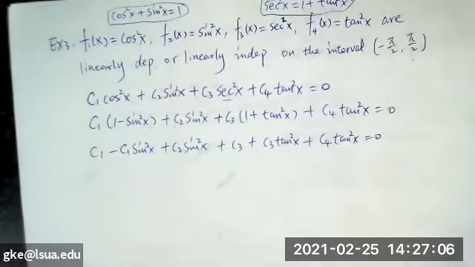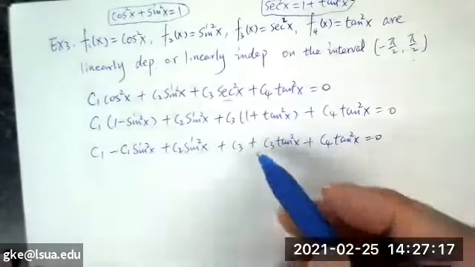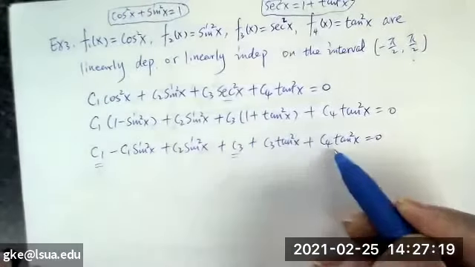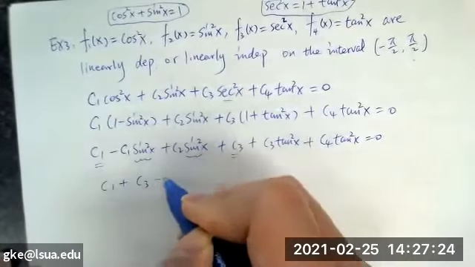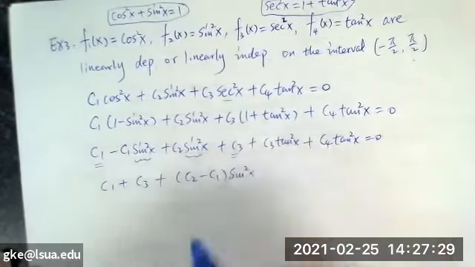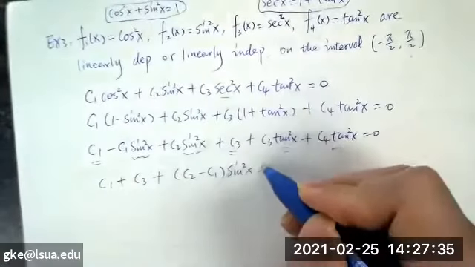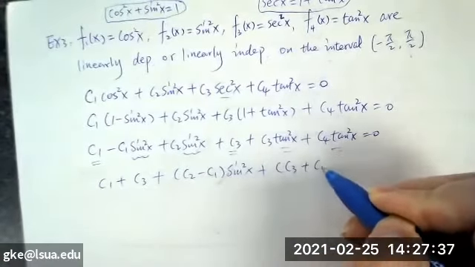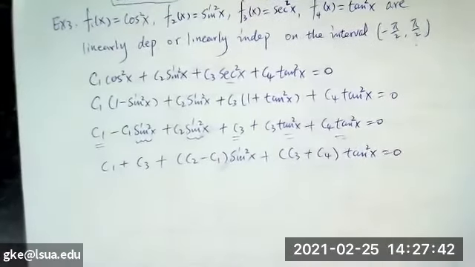Then we can combine the terms. For example, we combine the constants, C1 plus C3. The sine x coefficient is C2 minus C1. And we can combine the tangent x terms.